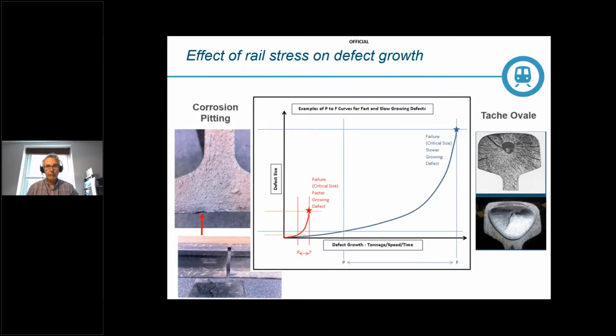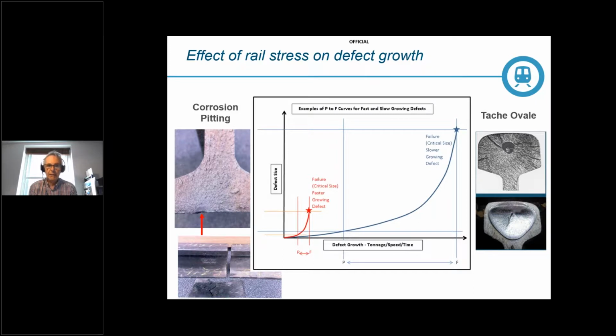Well, what we can see is some defects, and these are some examples, thanks to Brian Whitney. This is a plot of defect size against time. With the slower growing defects like Tache ovales, not only are they more readily detectable, but it grows more slowly, and the critical defect size is much larger, so you've got a much better chance of finding it before you fail.